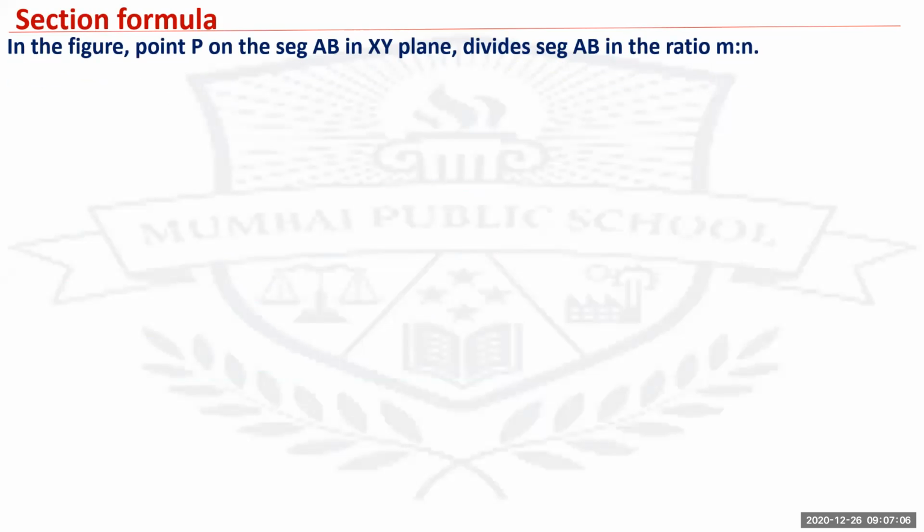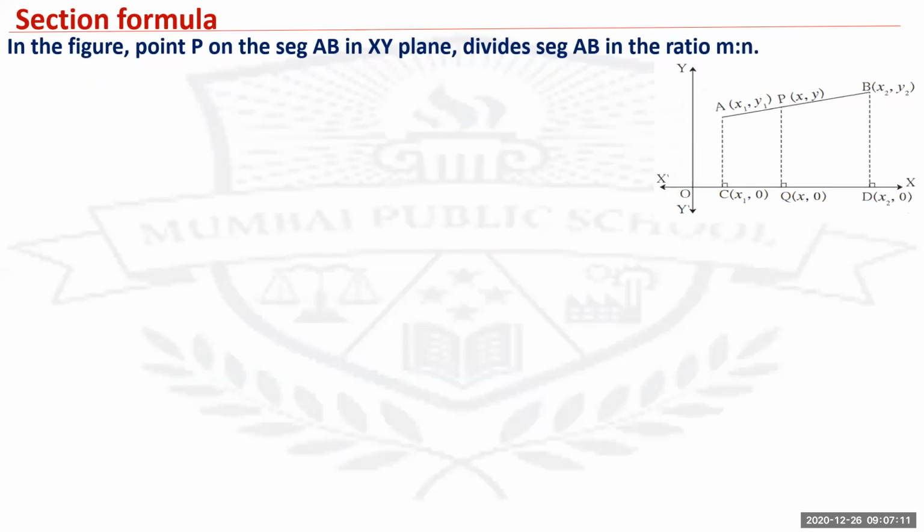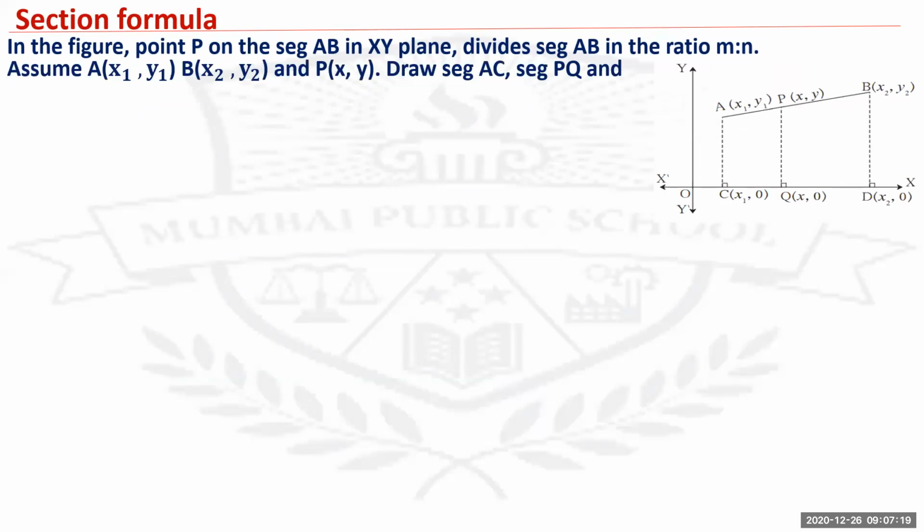In the figure, point P on segment AB in the XY plane divides segment AB in the ratio m is to n. Assume coordinates of A as x1, y1, B as x2, y2, and coordinates of P as x, y.